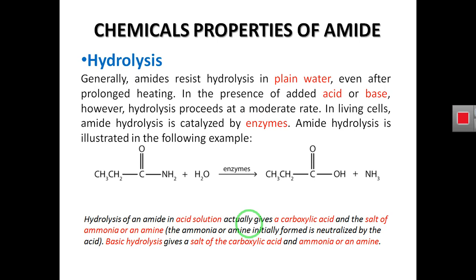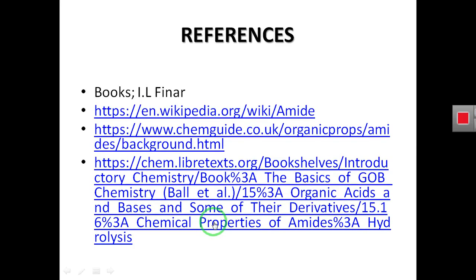But in our body, an amide needs an enzyme for its hydrolysis. This is the reaction that takes place in our body, showing the enzyme, and I explained that in our body cell, amide hydrolysis needs an enzyme.